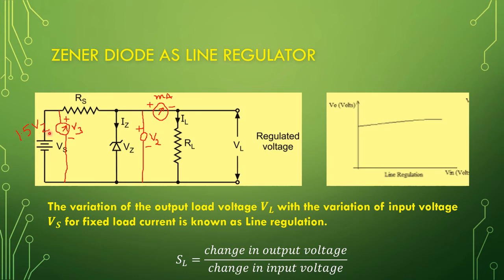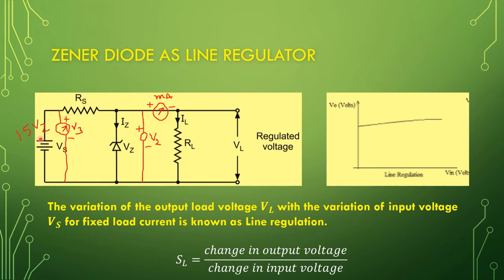So this is the range. In this range, why do we fix the input voltage? Because we want the voltage across the Zener diode not to go below Vz. So this condition is fixed here.